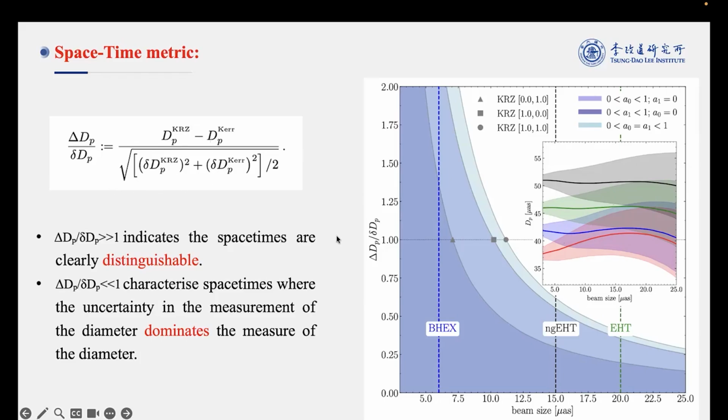When it is much greater than 1, you can clearly tell this is a completely different space-time. When it is less than 1, then the uncertainty in your diameter is much higher than the measured difference. So that's what we showed here: for the Black Hole Explorer, it's much easier to have this distinguishability between the space-times by this quantity, where it can reach much greater than 1.